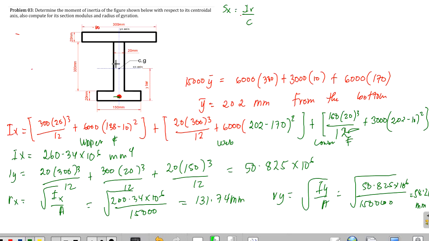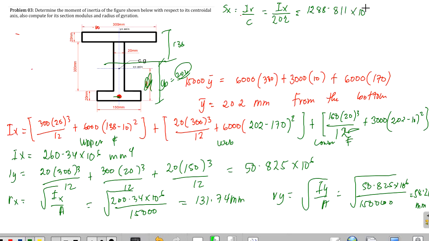If this is our 202 y bar, and this is 138, what is our C? The farthest distance, so that is 202. Substituting the value of Ix, our Sx now is 1288.811 times 10 raised to 3 mm to the cube.